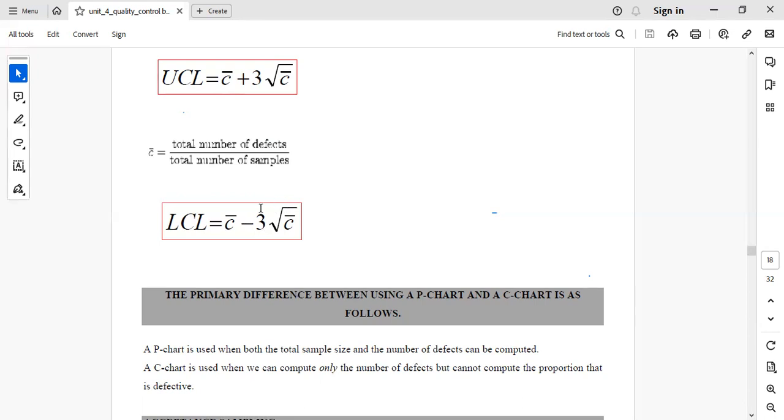Now, also to mention these 3 here, I don't know if I mentioned it, I think I did. We talk about the 3 sigma control charts.